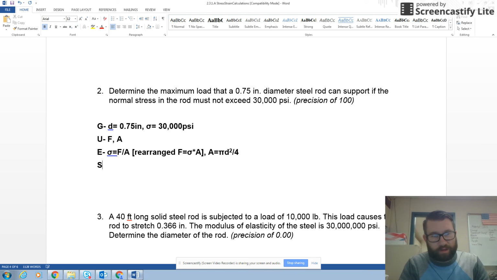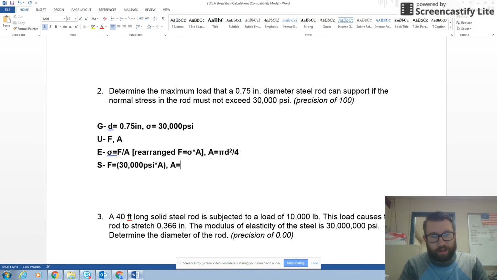All right, next step is I will substitute. So if I have force, I'm going to substitute 30,000 psi for stress, and I'm going to multiply that by area. I don't know my area yet, but we'll figure that out here in just a minute.